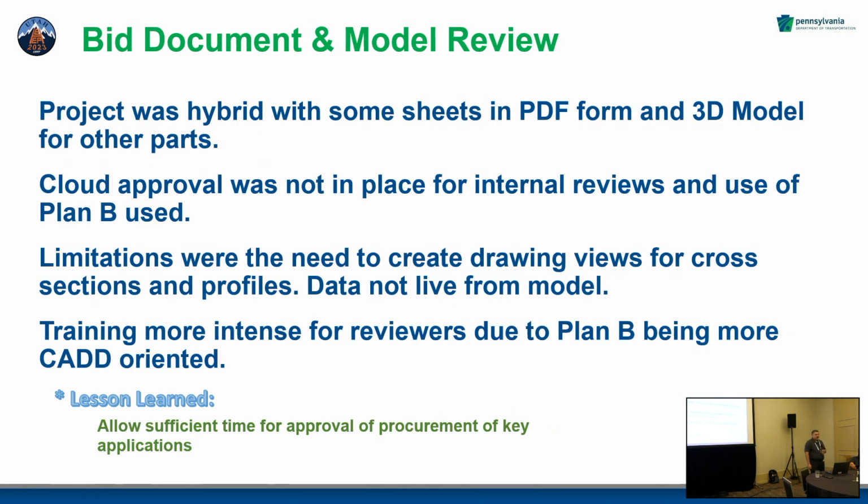The other challenge is you think about software you're going to implement, including review software. In our case, we didn't have cloud approval yet. So we ended up getting to the point where we were ready to advertise, and we didn't have the use of cloud available. So we still had these hybrid deliverables. We had to do saved views on cross sections.